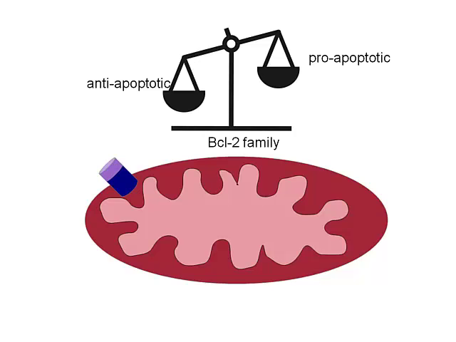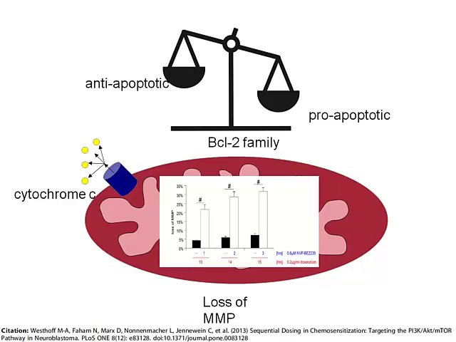Basically, these family members build complexes in the outer membrane of the mitochondria. If you get a disbalance and you have too many pro-apoptotic proteins, those proteins form a pore through which cytochrome C is released, and the mitochondrial membrane potential, the electric potential between the outer and the inner membrane, gets lost.